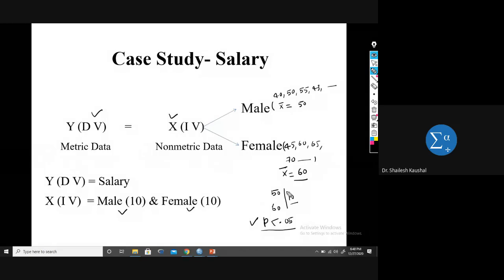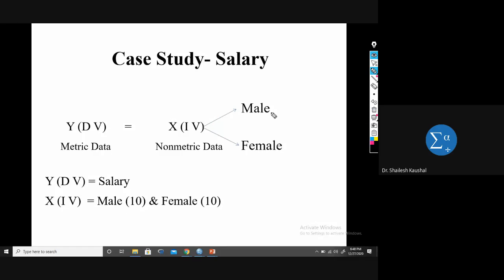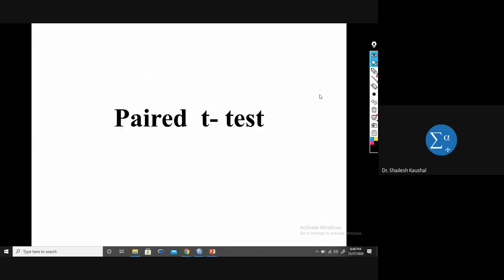So this is about the independent t-test. In an independent t-test, basically we compare two means. And second is the paired t-test.